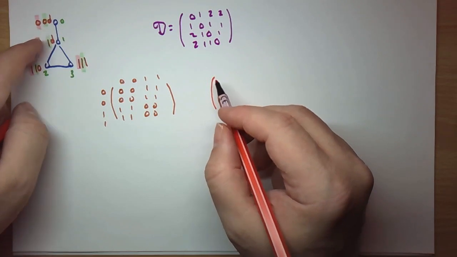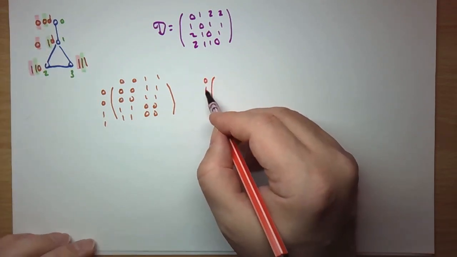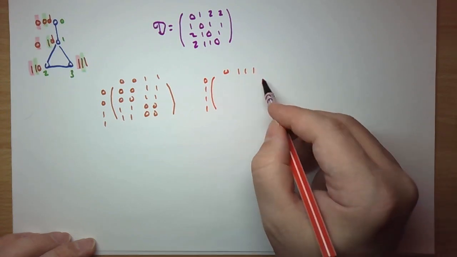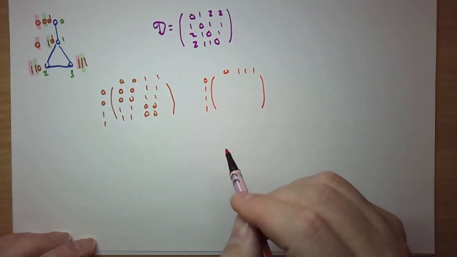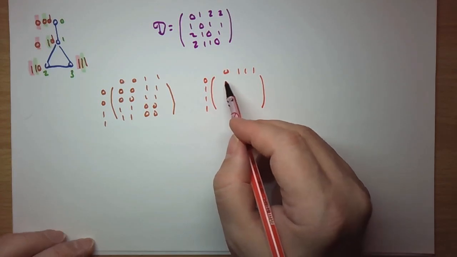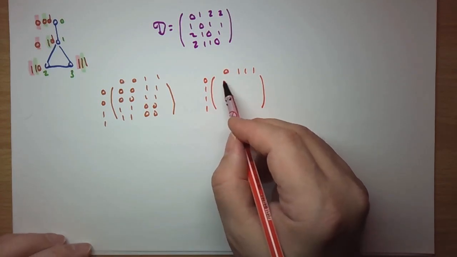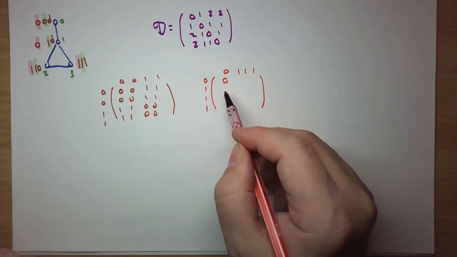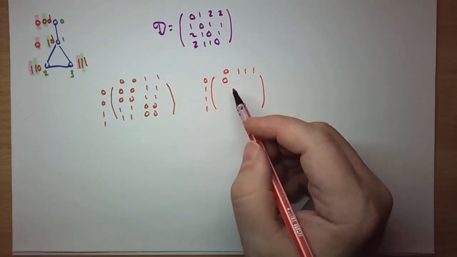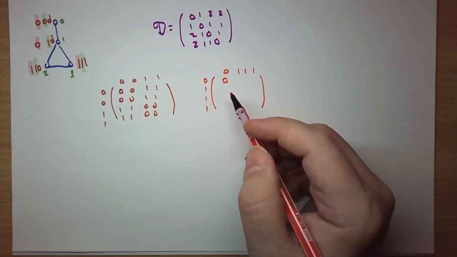Again, we'll label on the side, so we have 0, 1, 1, 1, and 0, 1, 1, 1. Okay, and every entry I'm going to put either a 0 or 1. 0 is, well, it's easy to say when we get a 1. 1 is when your row is 0 and column is 1 or vice versa.